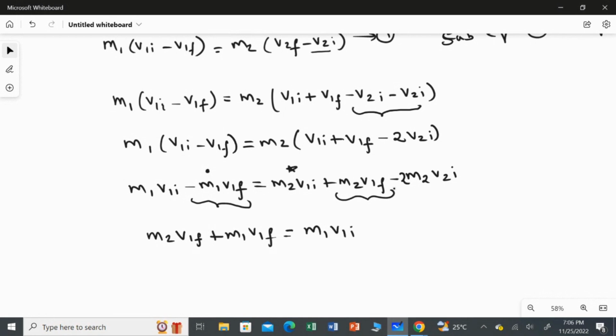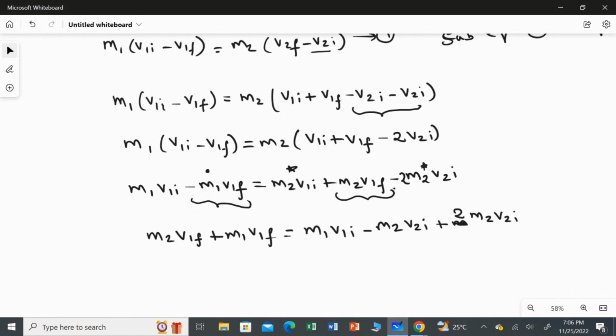When you take these two terms to the left hand side, what will happen? The first one will take negative and the second one will take the positive, right? So this becomes minus M2 V1 initial, and this term becomes plus 2 times of M2 V2 initial.